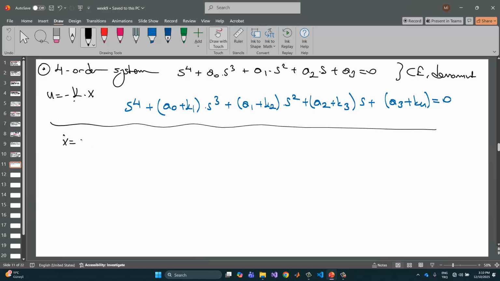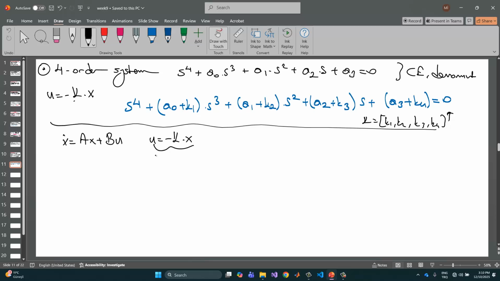Just see that x dot equals Ax plus Bu. And also you can utilize the feedback controller, minus Kx. Multiply the states with some constants K, where K equals K1, K2, K3, K4 transpose. And so this condition is given with the feedback controller, if we can measure all the states of this system.